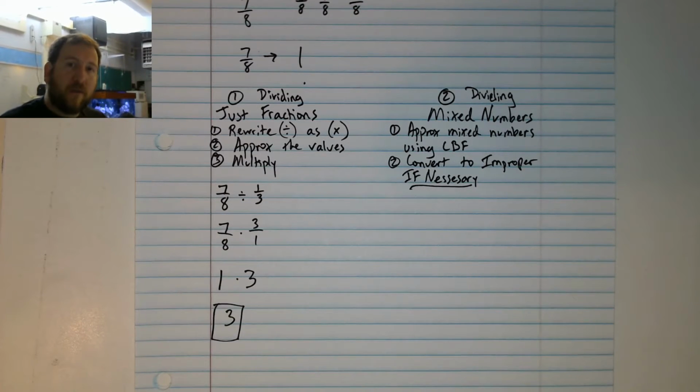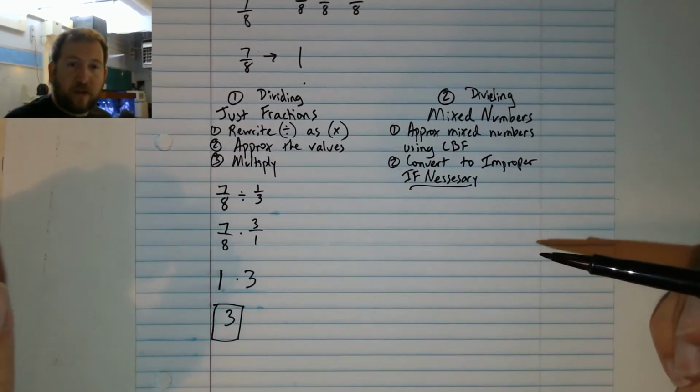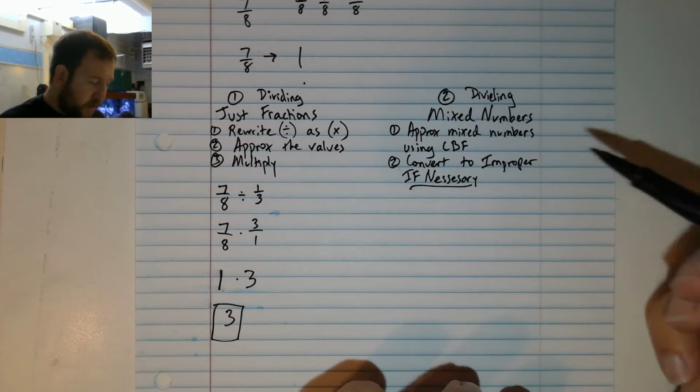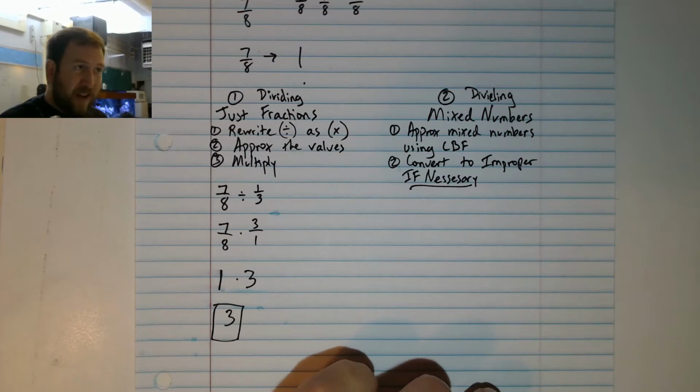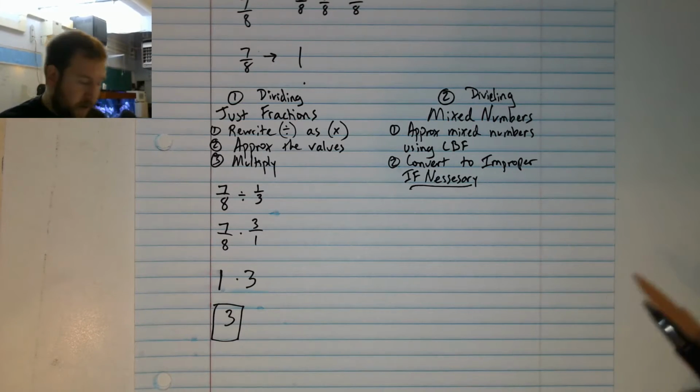Often we don't. If we don't have any fractions after we have estimated, we don't have to even switch it to fractions. We can just multiply, which is really nice. But if we end up with a half in one of our numbers, we will need to convert our number.